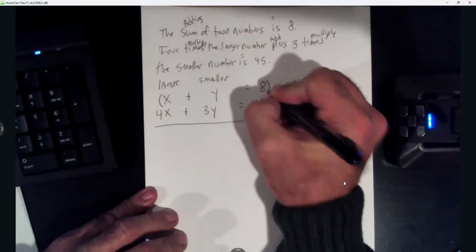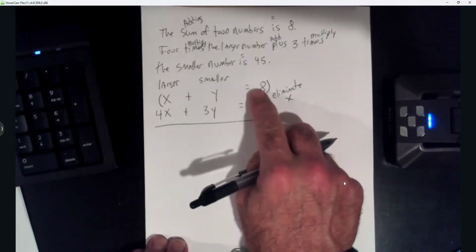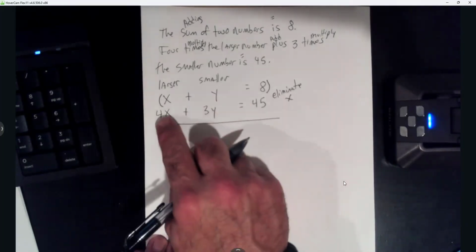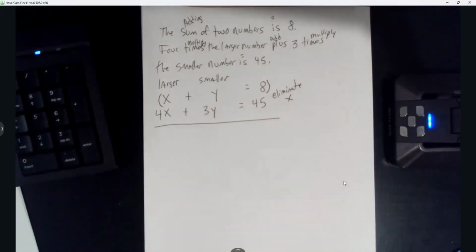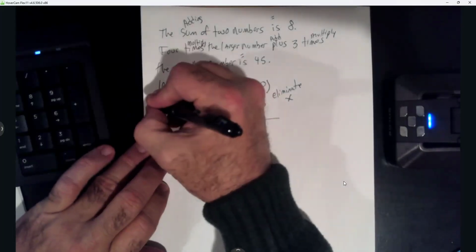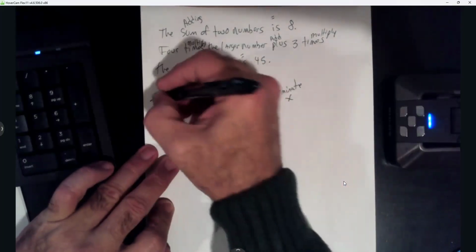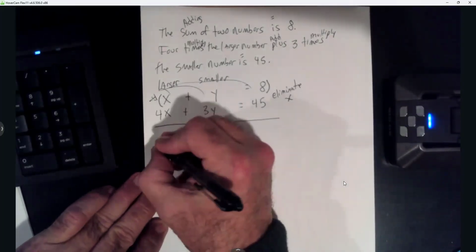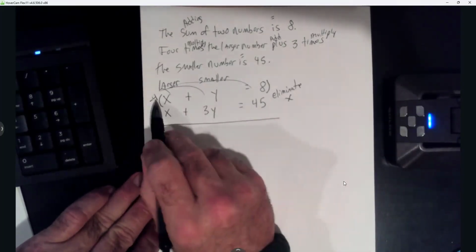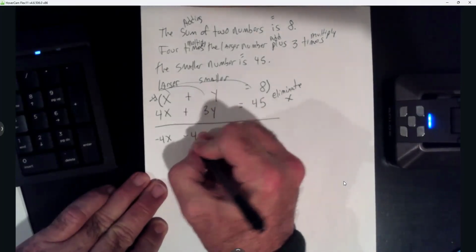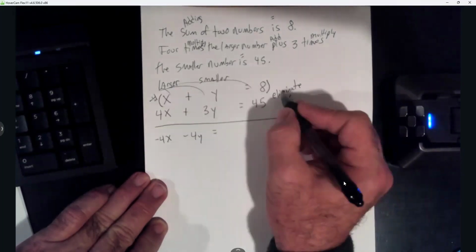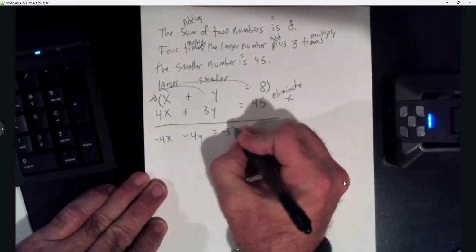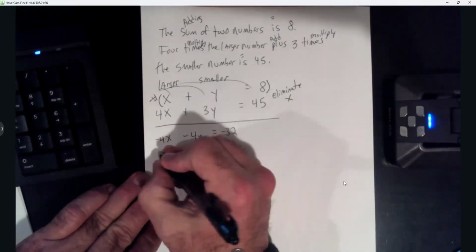What would y'all multiply this first equation by if y'all want to get rid of them x's? -4, perfect. All right, so we're going to distribute our -4 through. So I get -4x, -4y equals a -32. That equation we're leaving the same.